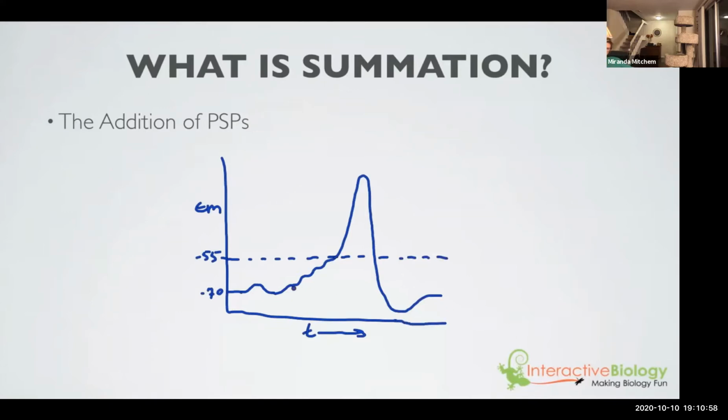So that's what we're talking about with summation. We're basically adding these postsynaptic potentials.